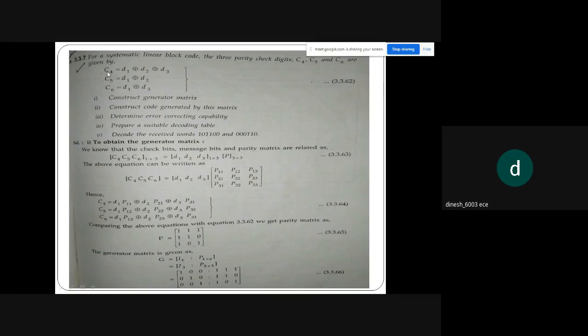Okay, so how do you get C4, C5, C6? In the question, C4 is obtained by modulo 2 addition of D1, D2, D3, C5 as D1, D2, and C6 as D1, D3 modulo 2 addition. So now write that. Instead of x1, x2, x3, here the given question is D1, D2, D3.